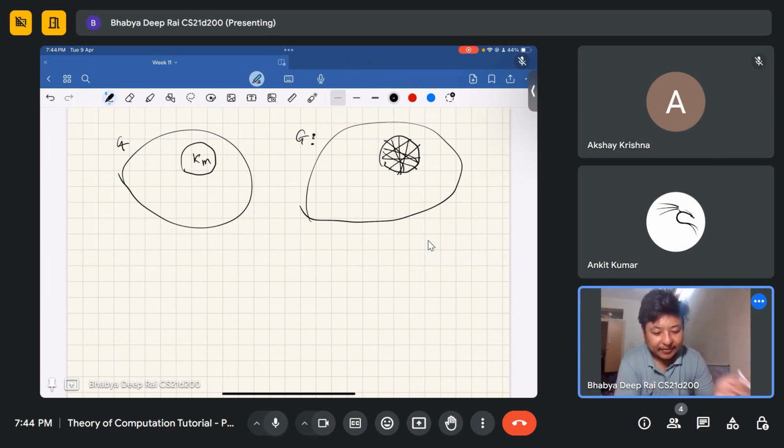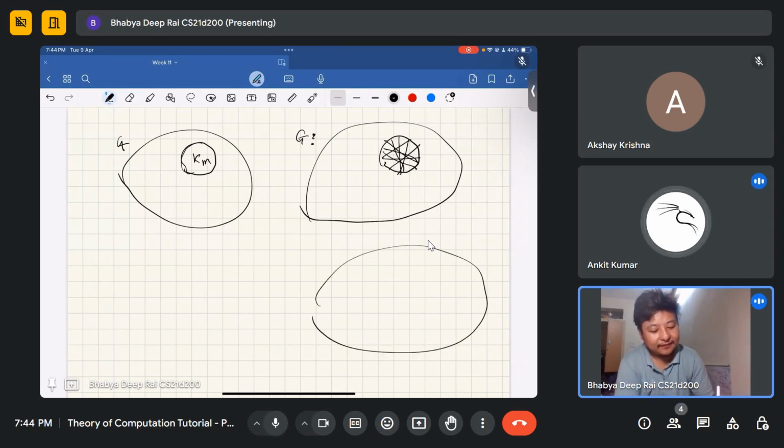Given a graph, there is a subgraph which is a small complete graph. Any term for that small complete graph? That is what the question is asking, right? Given a G and an M, is there a subgraph which is isomorphic to Km, where Km is the complete graph on M vertices?